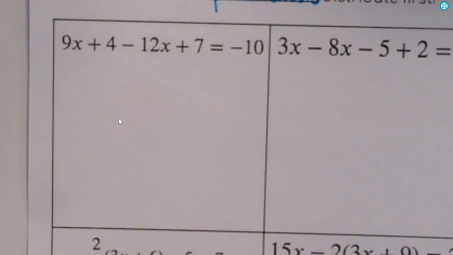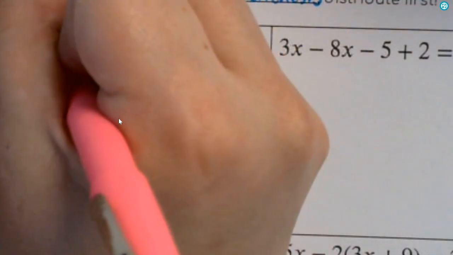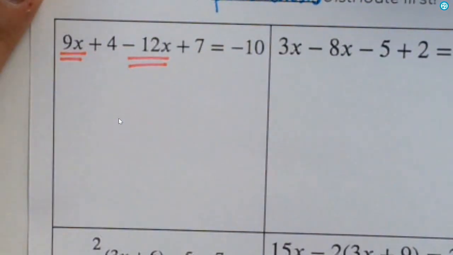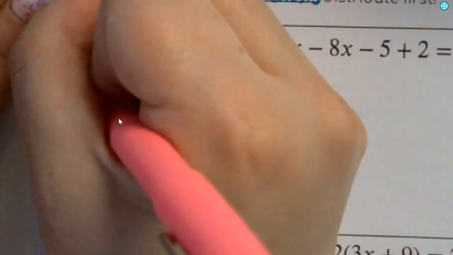We are going to combine this 9x and this -12x. This is what I mean when I say pay close attention to negatives. So we're not doing 9 plus 12, we're doing 9 plus -12, or we can think about it as 9 minus 12. Either way, combining that 9x and that -12x, we get -3x.